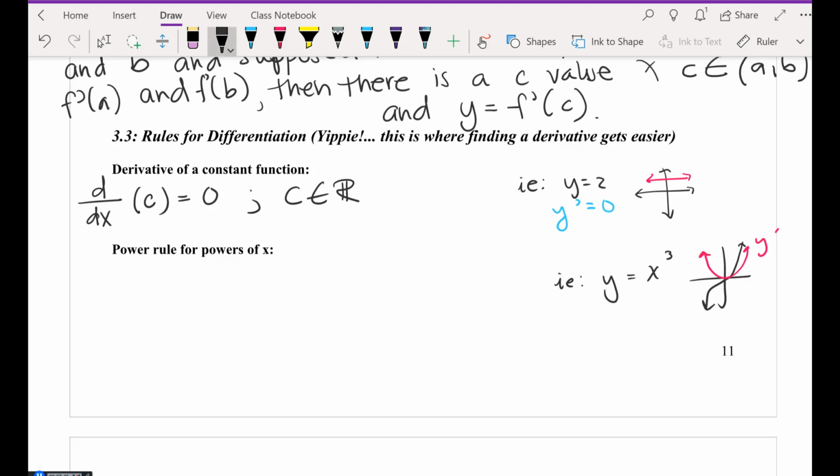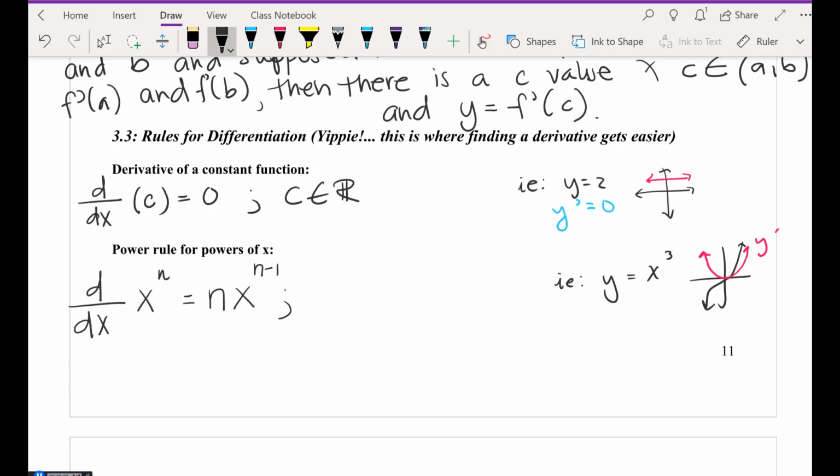So based on that, I'm going to say the derivative with respect to x of any function x to the n power, I'm going to take down the n, the power, times x, and then whatever's left, we're going to subtract it.